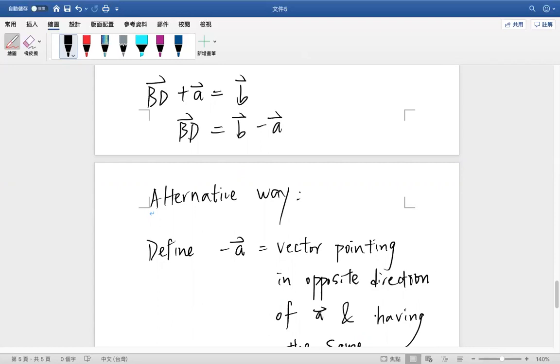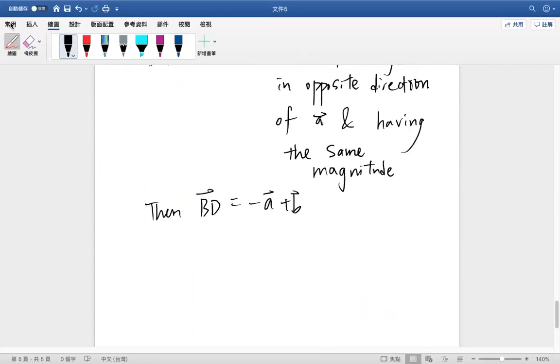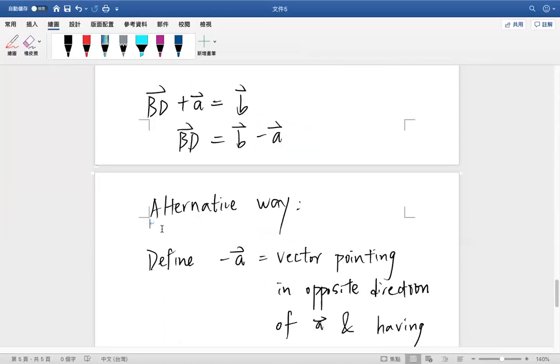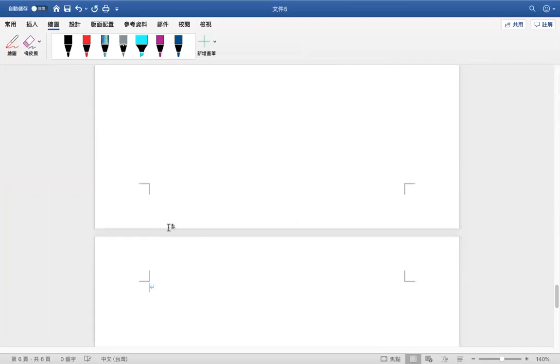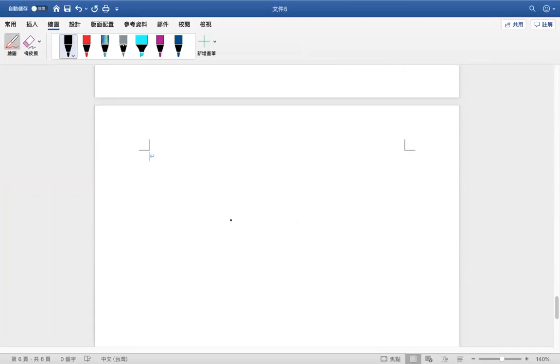Let's look at another section, which is about representing a vector on a coordinate plane, or the Cartesian axes. First of all, we are given a coordinate system.